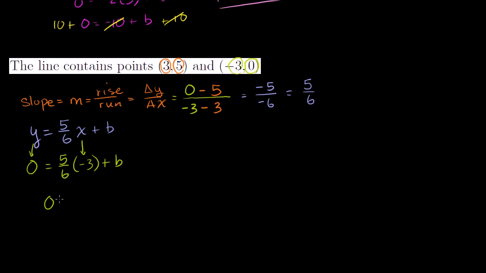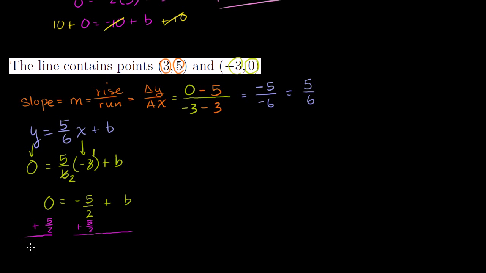So we get 0 is equal to, well, if we divide negative 3 by 3, that becomes a 1. If you divide 6 by 3, that becomes a 2. So it becomes negative 5 halves plus b. We can add 5 halves to both sides of the equation. I'd like to change my notation just so you get familiar with both.